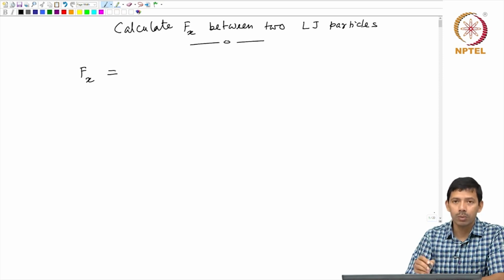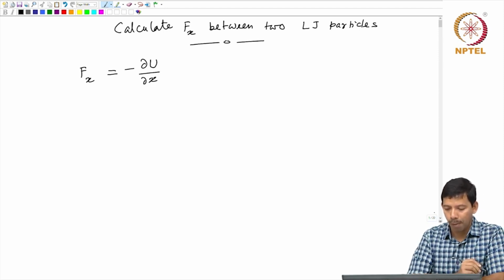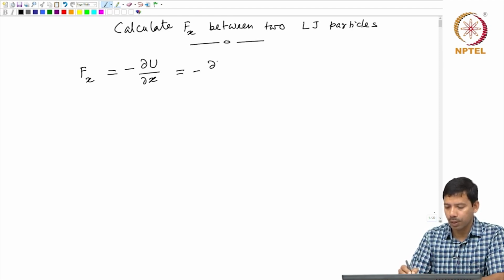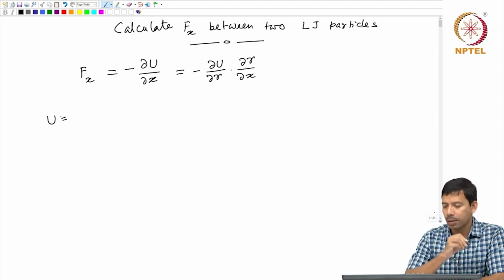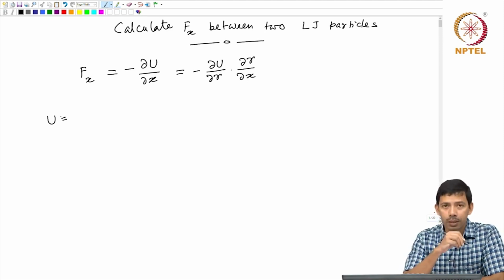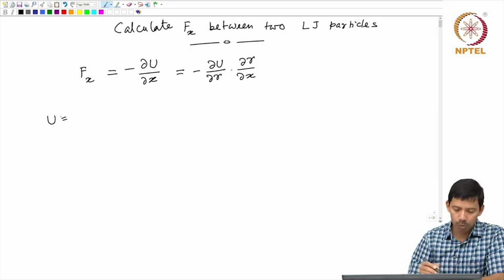essentially what you have to calculate is the gradient of the potential with respect to the x component, and this is nothing but minus del u del r times del r del x. Now my u, as the question said, is described by the Lennard-Jones potential.